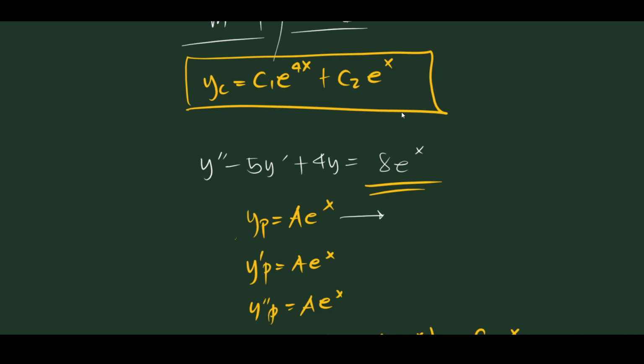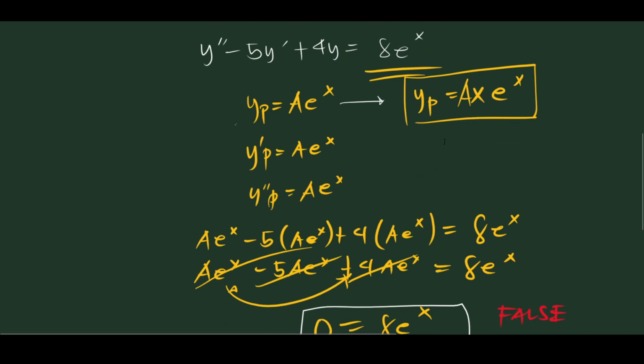Remember, if we have a root with multiplicity n, we multiply x to the same initial root. So what we're going to do here is modify our guess. We're going to multiply x to it. So we have here a times x e raised to x.